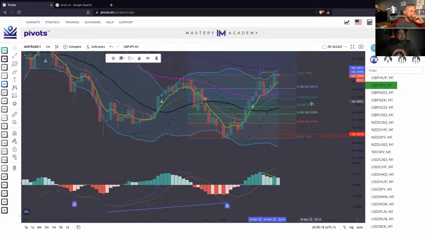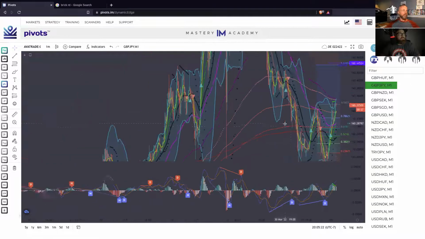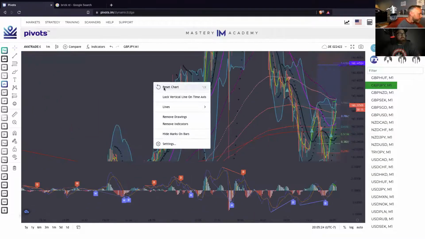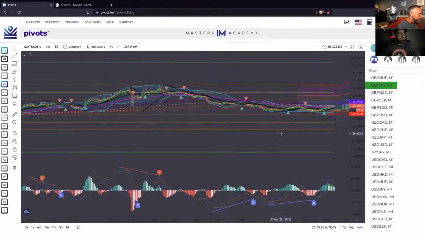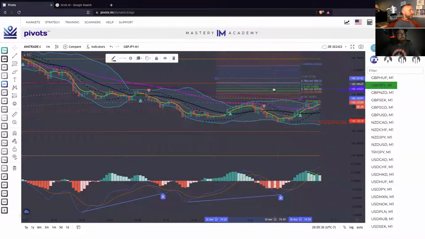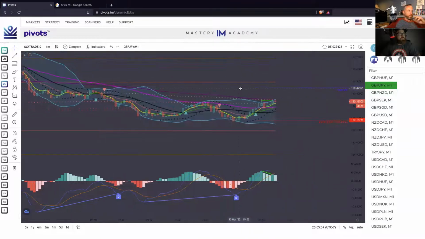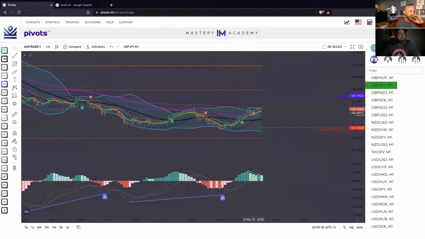And there's a higher level EMA in the way. Oh, yes, there is. Well, you can see that it tested it before, tested it again.